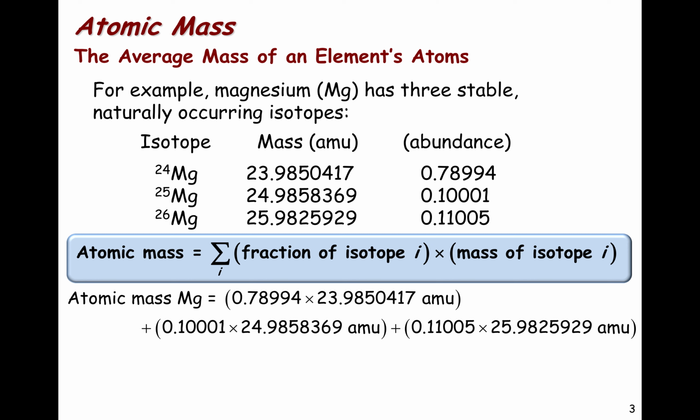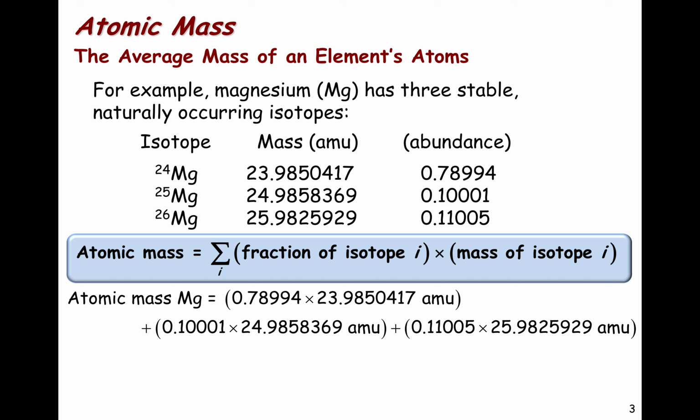So there are 3 isotopes. In this case, we're going to take the most abundant isotope and multiply 0.78994 times the mass of the magnesium 24, which is 23.9850417, and add that to the abundance for the second isotope, the magnesium 25, so 0.100001 times the mass of 24.9858369, and then add in the final isotope, which is the magnesium-26.